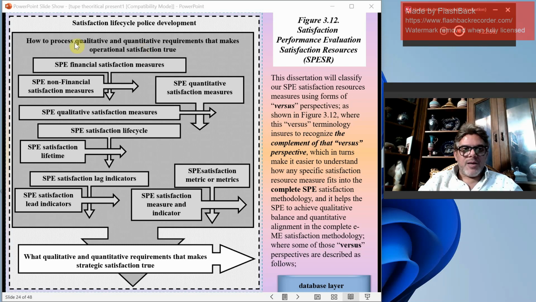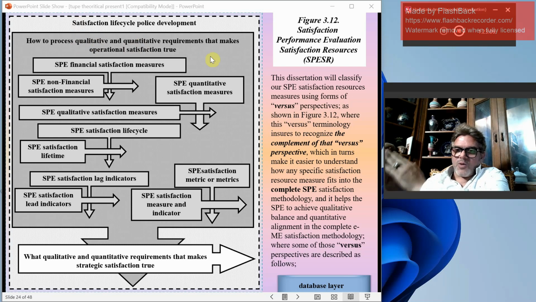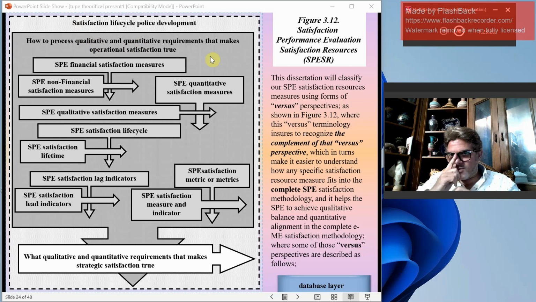Again, anything will have to have qualitative and quantitative. So if I say satisfaction equals quantitative satisfaction plus qualitative satisfaction, but true means it has a process, that's why I said union, not plus.